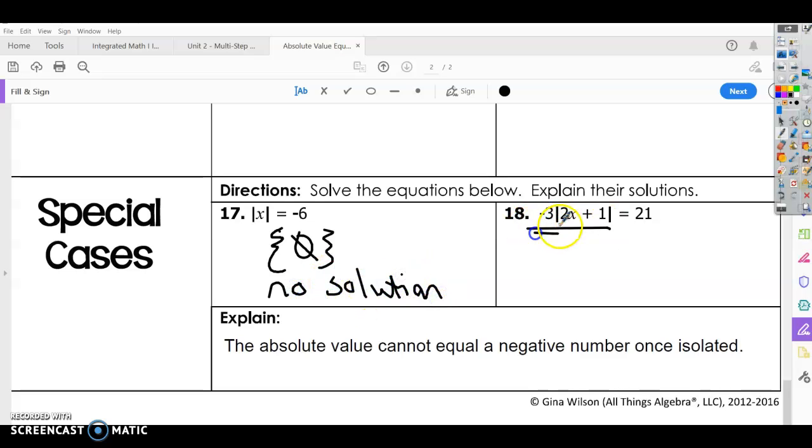All right, this one I would divide by negative 3. Once I see that I get negative 7, again, it doesn't matter what's here. It would be no solution. All right, so absolute value is distance from 0. If it equals a negative number, that means it is no solution. Okay?